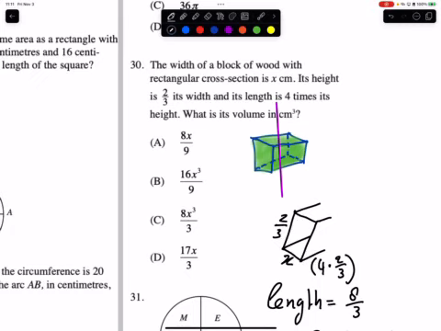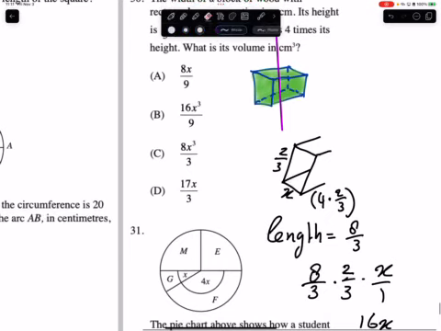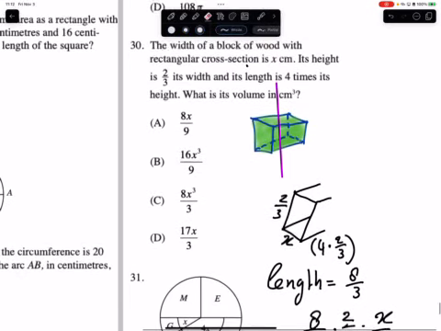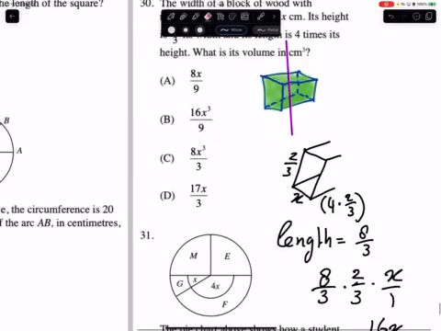The width of a block of wood with rectangular cross section. Oh, 2/3 its width. It's 2/3 its width. Sorry, I read it's 2/3. 2/3 its width, and is 4 times its height.